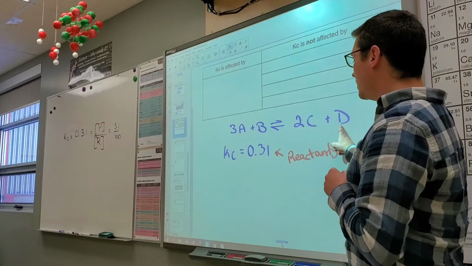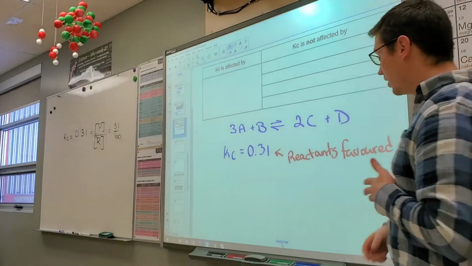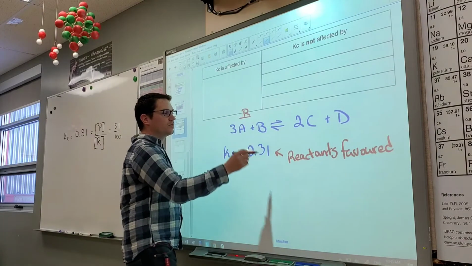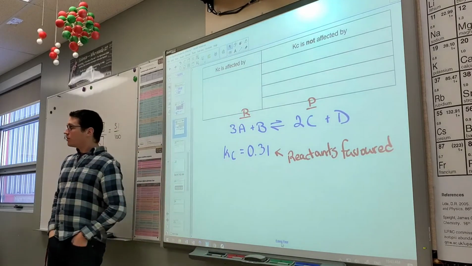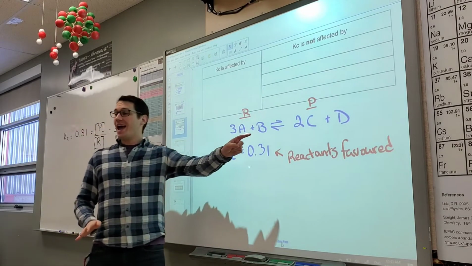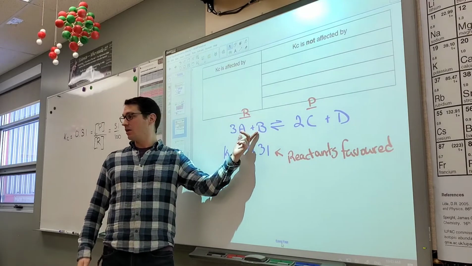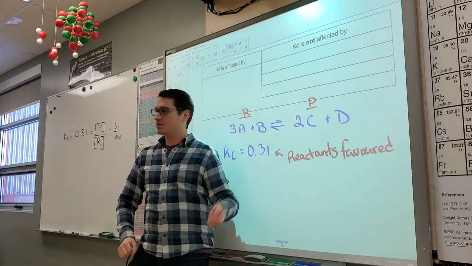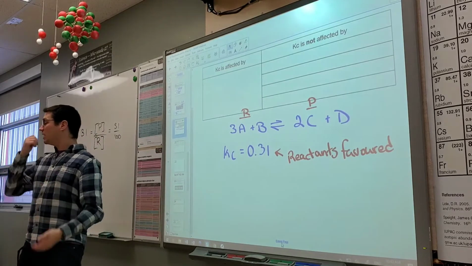Are they C and D, or are they A and B? They're A and B, right? Reactants are always on the left-hand side. These are always reactants, and these are always products. So if we're saying reactants favored, that means, in general, this reaction tends to have higher concentrations of reactants. In general, these concentrations will be higher than those concentrations. And it just depends on this particular reaction.